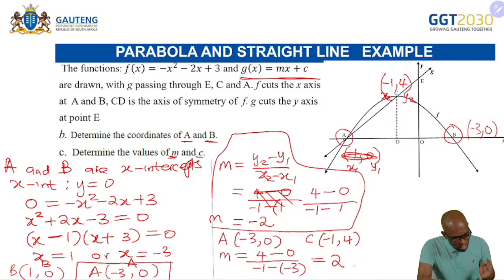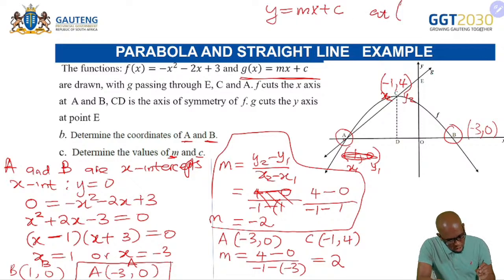Now we already have the value of M. We want the value of C. We can use y is equal to mx plus c, and we can substitute any point on the graph. I can use point A, which is minus 3 and 0.